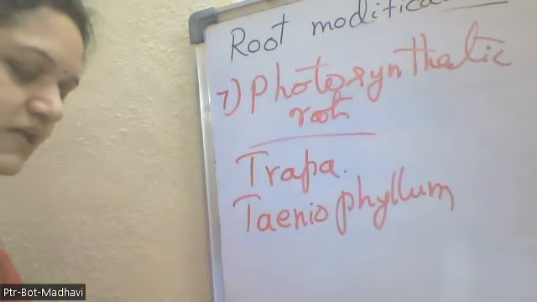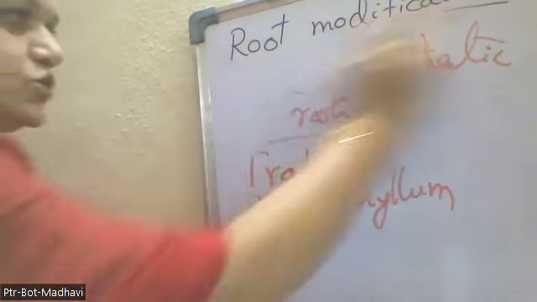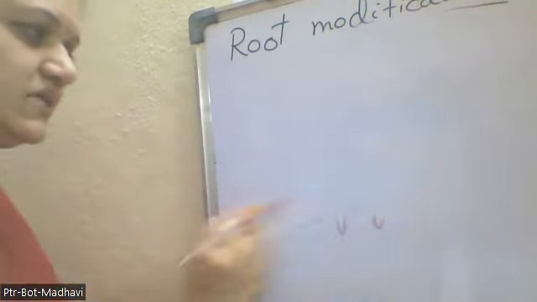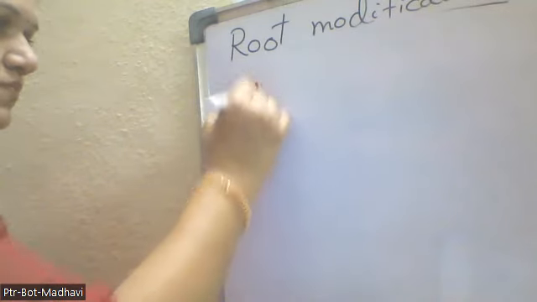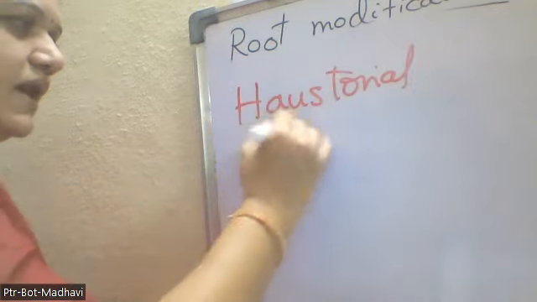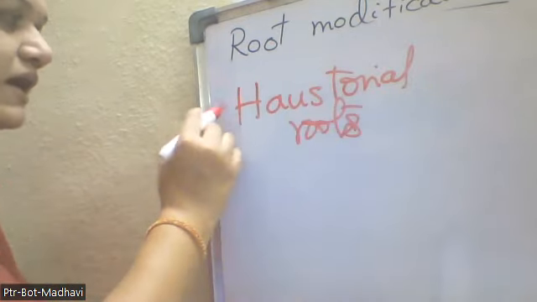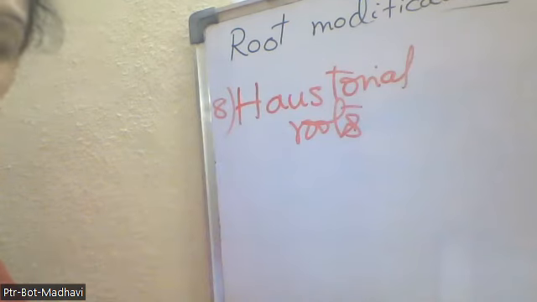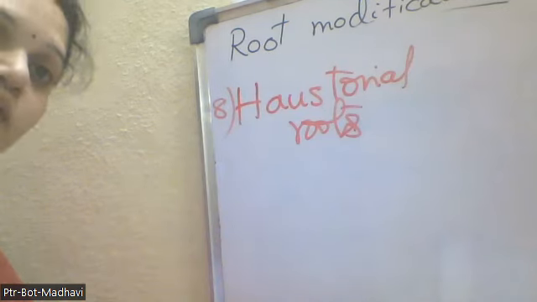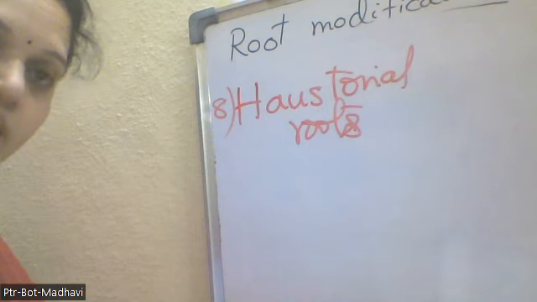And the last one is the haustorial roots, otherwise the parasitic roots. Some plants will grow on highly developed plants for their food or shelter or for both. Those roots are called haustorial roots.